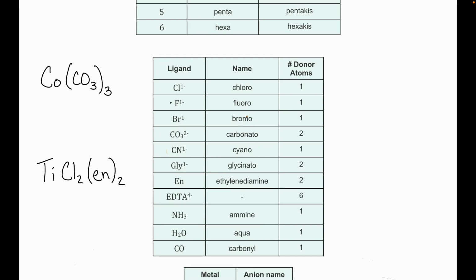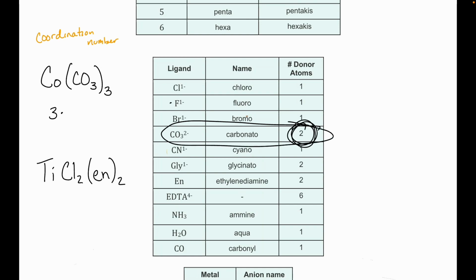All right, again, looking at coordination number. I have 3 of these carbonate ions. Each one has how many donor sites? 2, right?